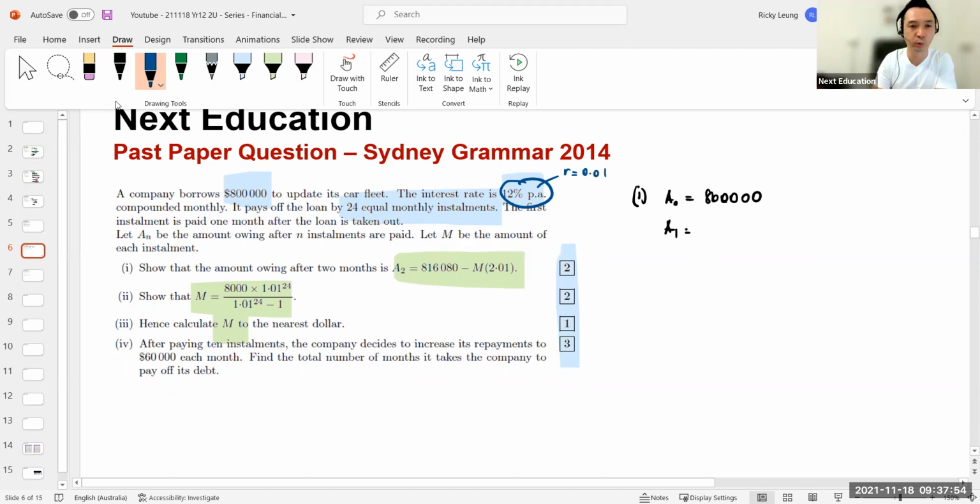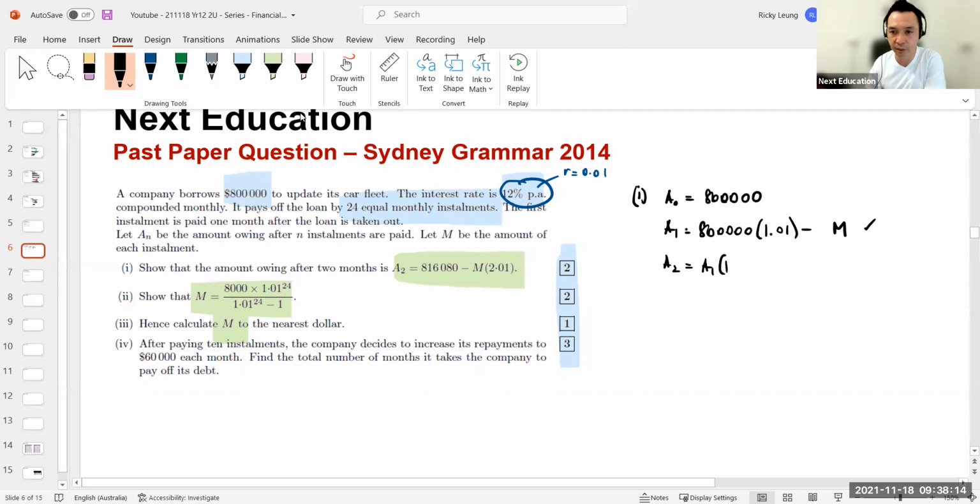So then it's 800,000 times 1.01 minus M, where M is the monthly repayment. Done. A2, this is going to save you a lot of time because they only want you to do A2. Start with A1, compound it, minus M, then substitute this into it.